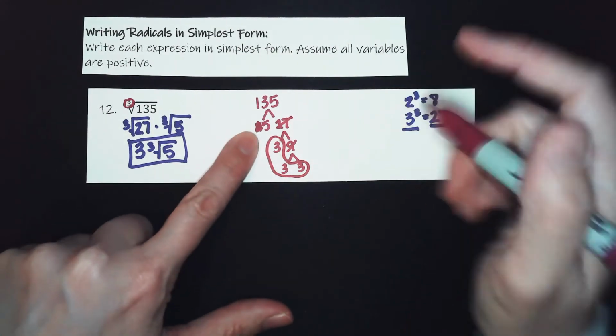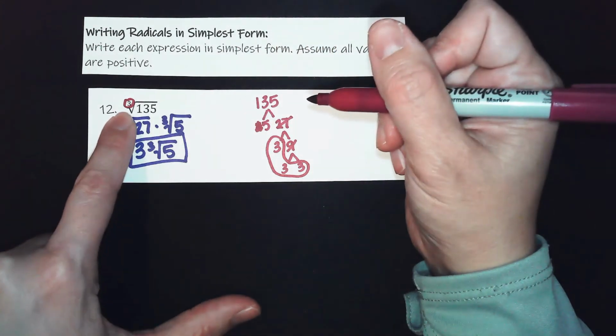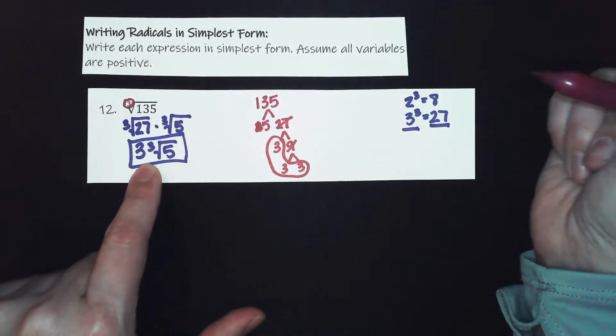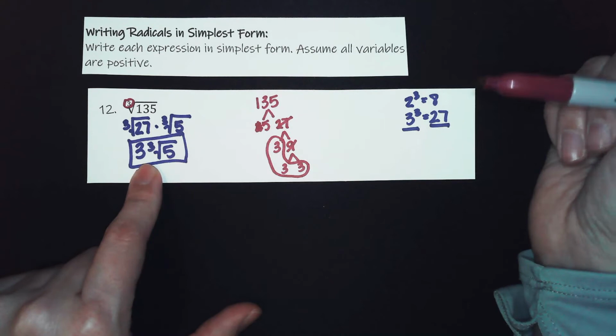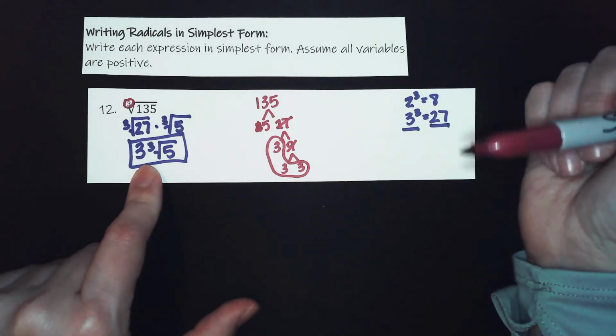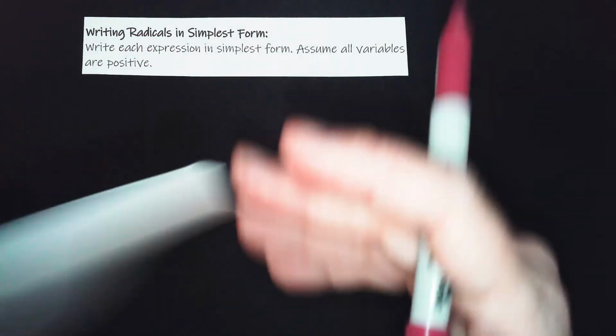I only have the one 5, so it has to stay inside my root. And then my root just needs to make sure it has that 3. Okay, so you can get the same answer doing either perfect cubes or doing this little factor tree that I did. Okay? Alright.